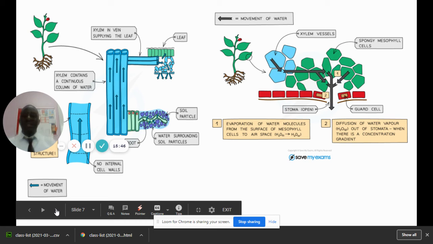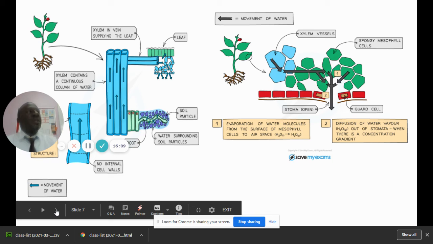It increases the kinetic energy of water, it increases the specific heat capacity or latent heat of vaporization, whereby now the water on the surfaces is turned into heat, and this heat now evaporates.